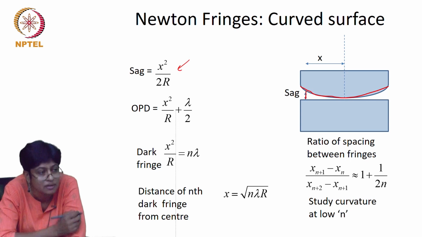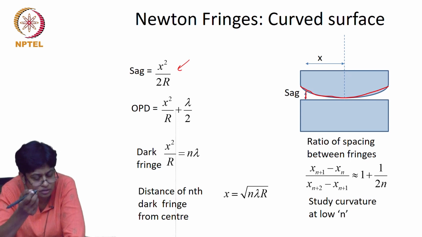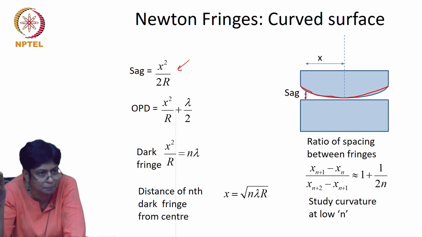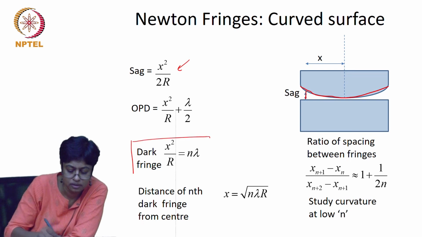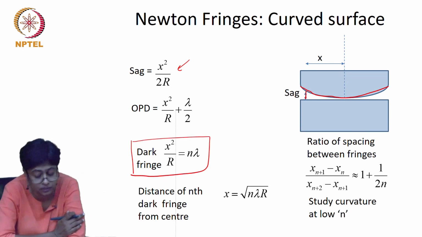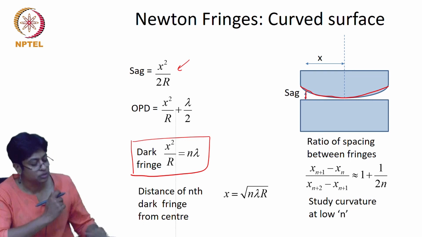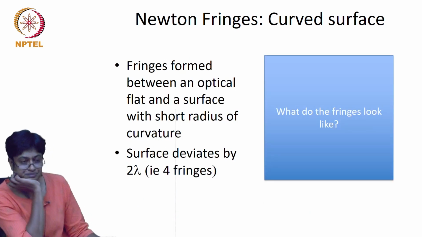And again it is an air-glass reflection, so there is an extra lambda by 2 path length, or that pi phase, I have to think about, and so the dark fringe is going to occur in this region. Okay. What do the fringes look like now?